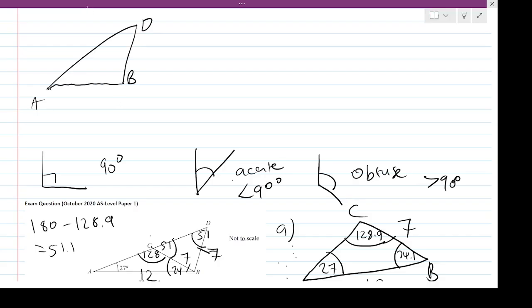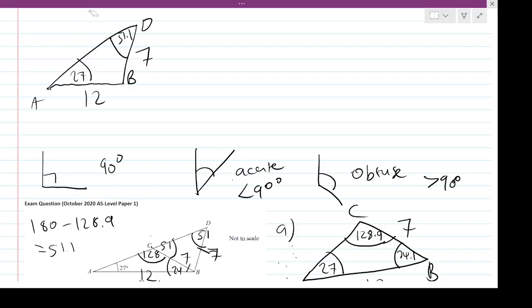There, I know this angle's 27. I've worked out that this angle is 51.1. And I also know that this side BD is 7. I also know this side is 12. I want to work out AD, because if I work out AD, I know all the lengths, so I can work out the perimeter.